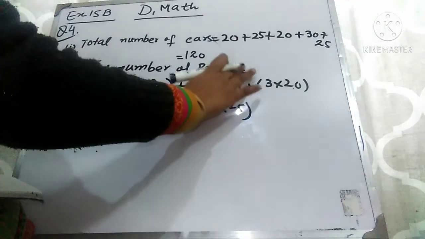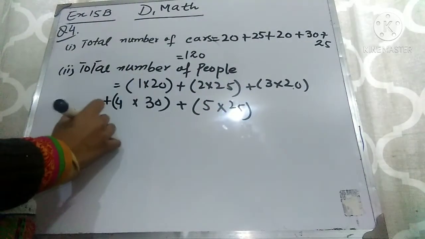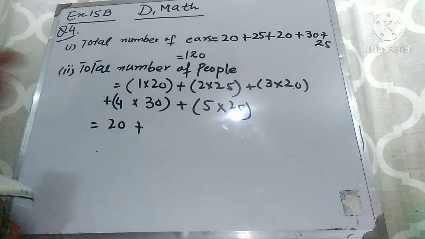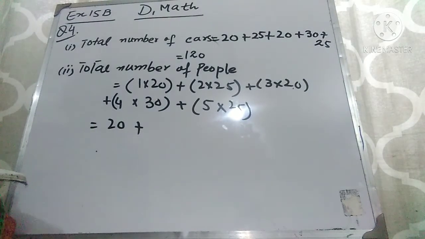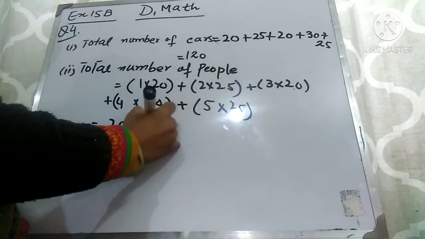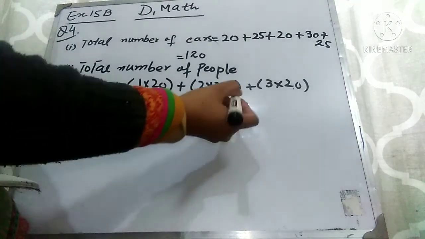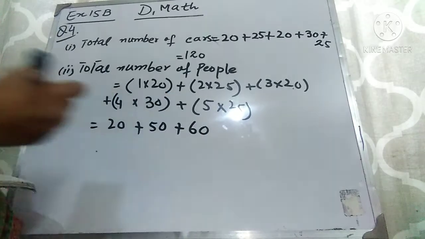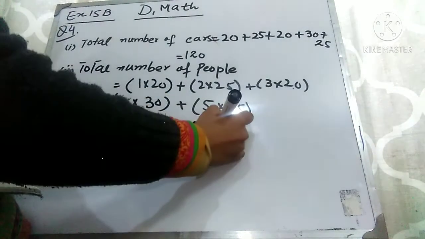Now you will solve them. 1s are 20, and 2 25s are 50. 3 20s are 60 and 4 30s are 120.